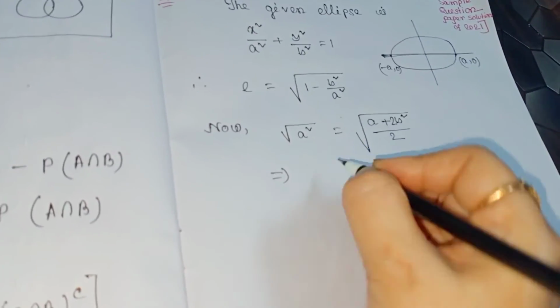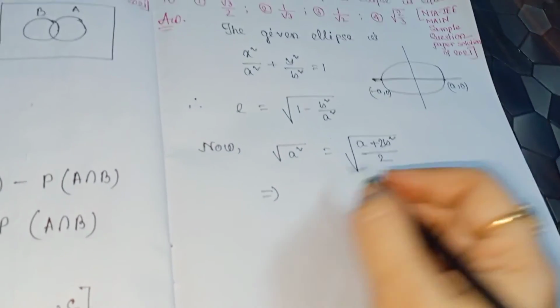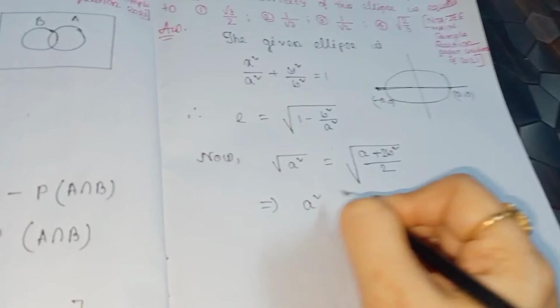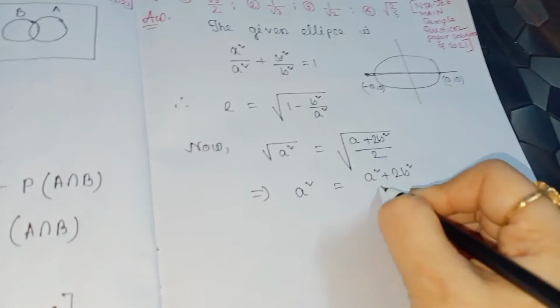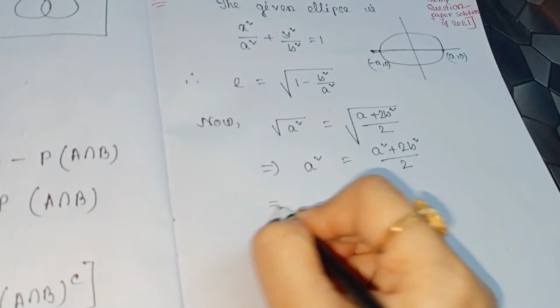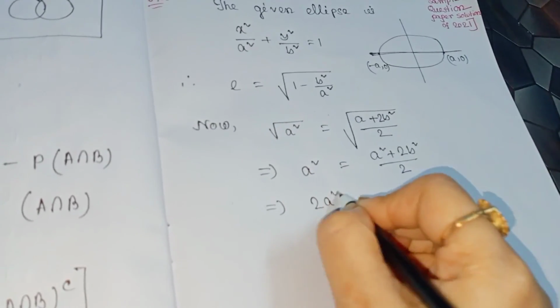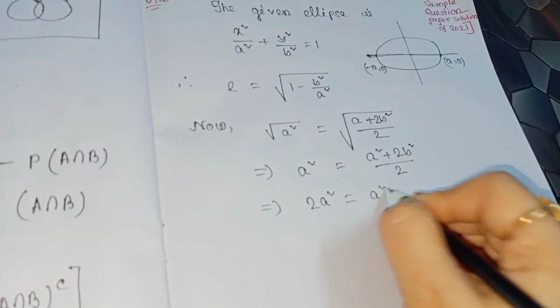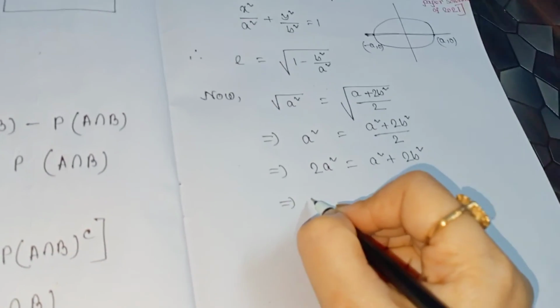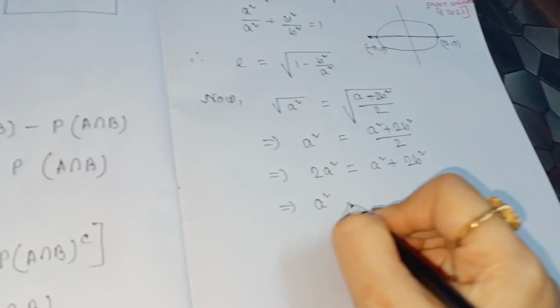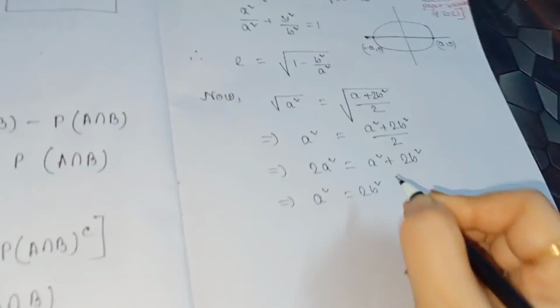So a square is equal to (a square plus 2b square) divided by 2, squaring both sides. That implies 2a square is equal to a square plus 2b square. So here we get a square is equal to 2b square.